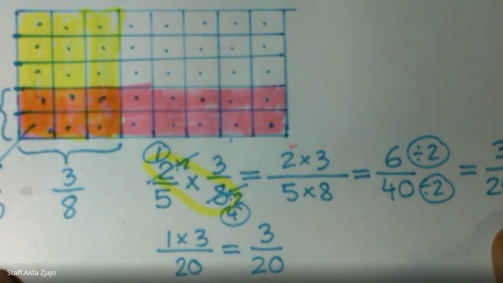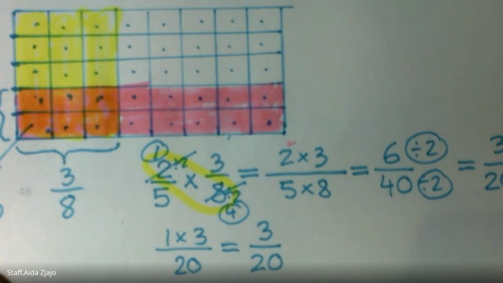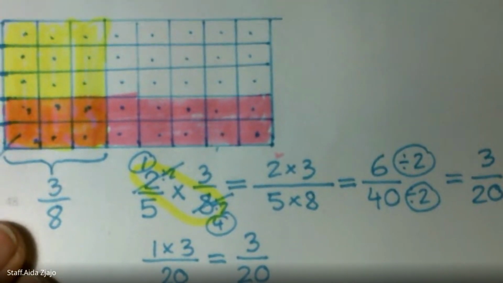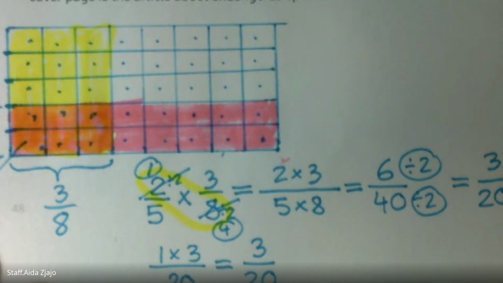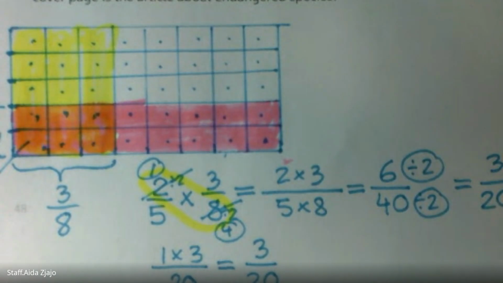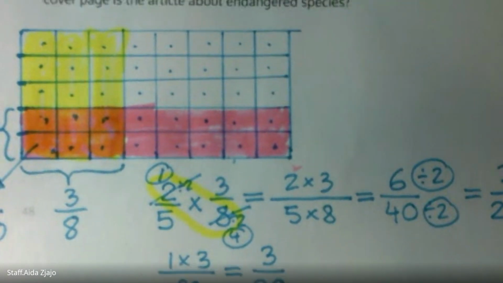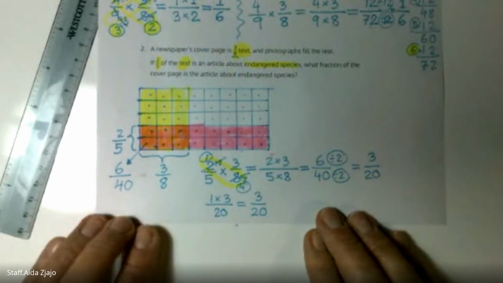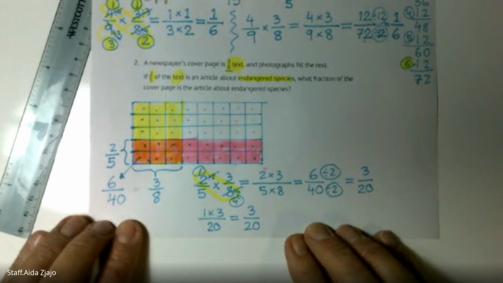How to show that on the picture? Remember, the key is in this division. Hold on, I need to make it smaller a little bit. All right. So if we're going to show how the 6/40 is the same as 3/20, we have 1, 2, 3, 4, 5, 6 pieces, correct?